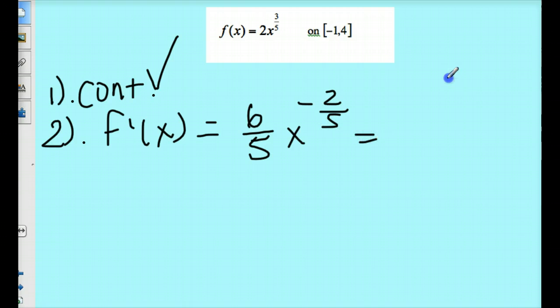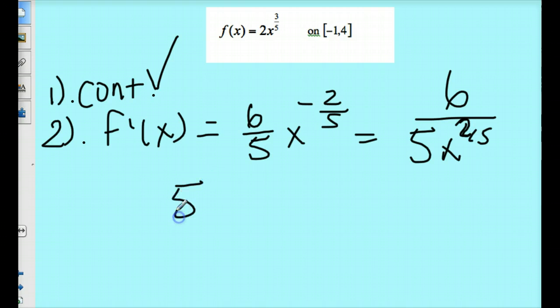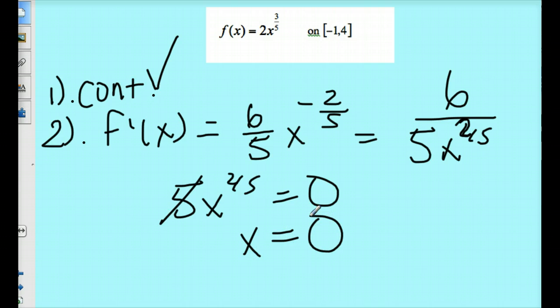I rewrite this so it's in my denominator, x to the 2 over 5. And since I do have it in the denominator, I have to make sure that denominator can never equal 0. So I'm going to set 5x to the 2 over 5 equal to 0. If I divide by 5, I get x to the 2 over 5 is equal to 0, and x has to equal 0. So I need to check to see if this 0 is in our interval.